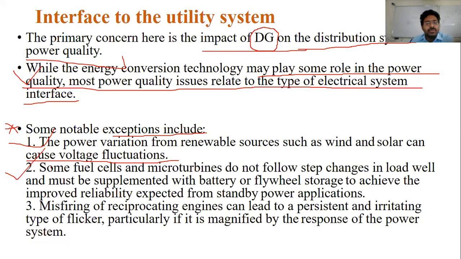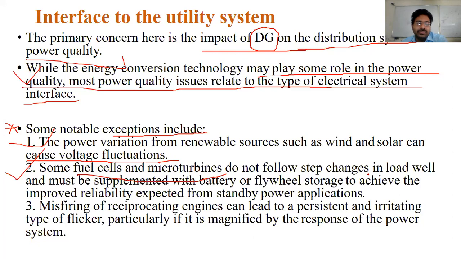Then the second one: while using fuel cells and micro turbines, that is gas type turbines, they do not follow step changes, that is, you cannot add load suddenly to them. For suppose these fuel cells are designed to withstand 10 kilowatt or 50 kilowatt of load.